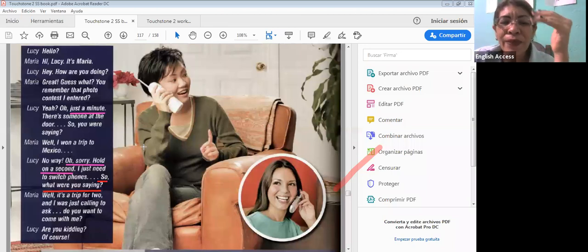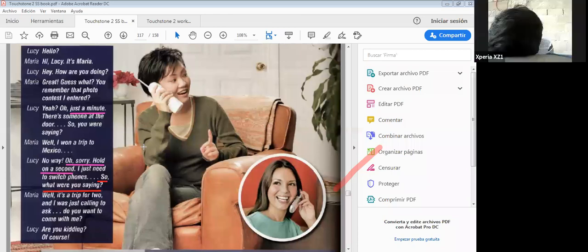So here Lucy interrupts the conversation: Oh, sorry, hold on a second. Then she restarts: So what were you saying? Then she interrupts again: Oh, just a minute. And then what is the expression that she uses?